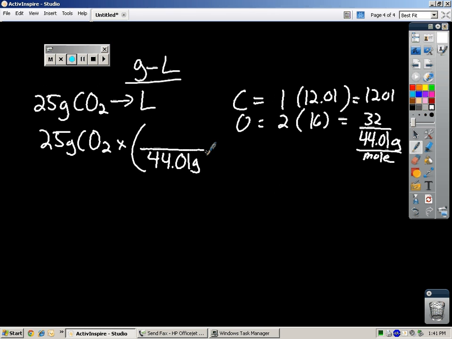Okay, so 1 mole. Very good. Sergio, what cancels out now? The grams. Grams of CO2, very good. And what's left over? 1 mole of CO2. All right, very good. Sergio, pick somebody.